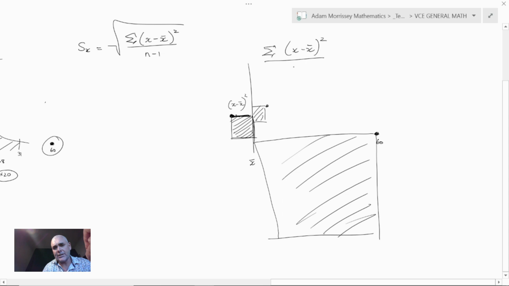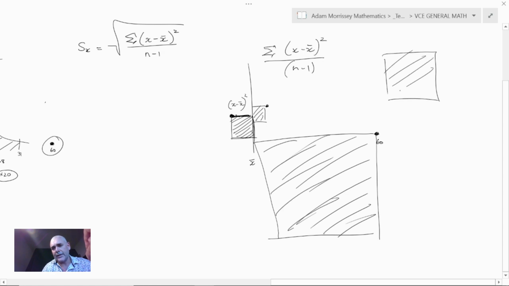And then we average all those squares, and that's where we do this bit here, n minus 1. Because of this guy down here, we've still got a very large average size square. Then finally we're taking the square root of that.